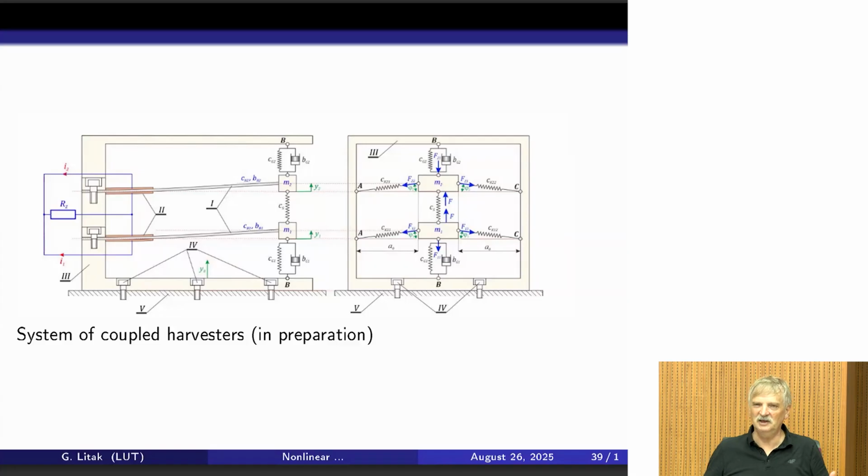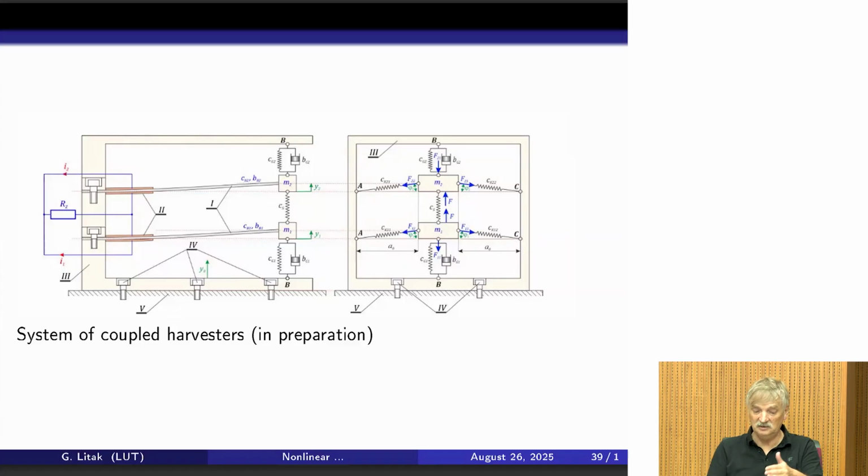So we can plan the potential to be very flat, with free motion inside and barriers on the sides.